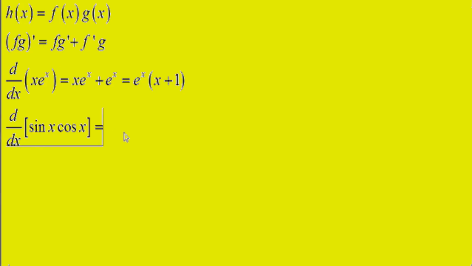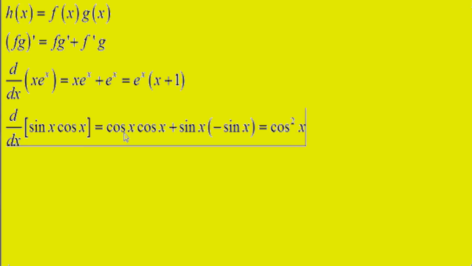So it's the derivative of the first, cosine of x, times the second, cosine of x, plus the first, sine of x, times the derivative of the second, which is negative sine of x. And you can simplify this into cosine squared of x minus sine squared of x, and I believe this is a trigonometric identity.